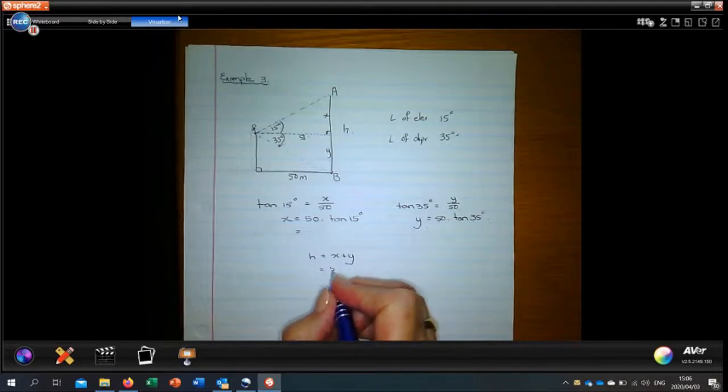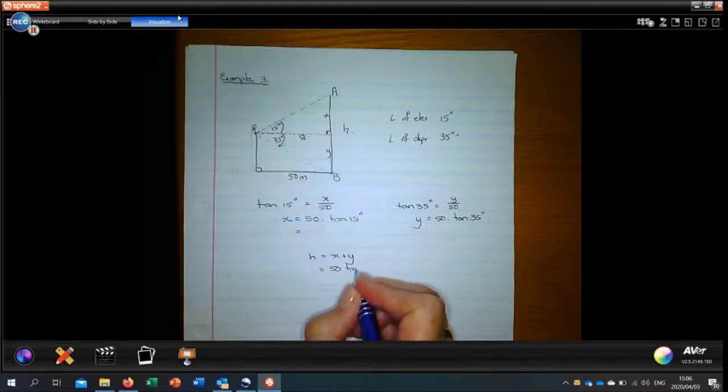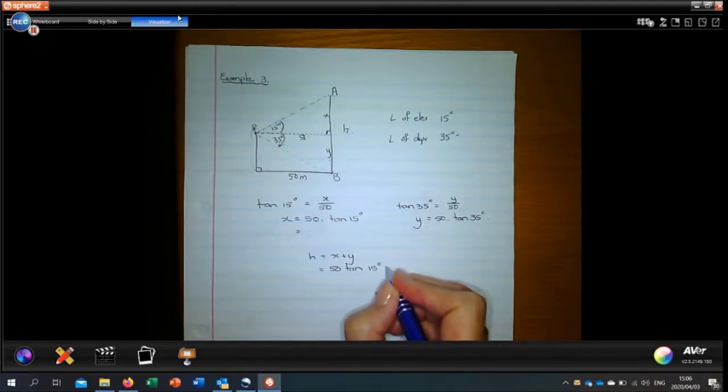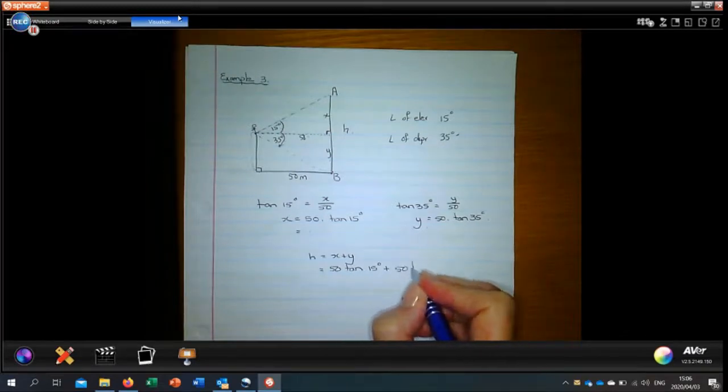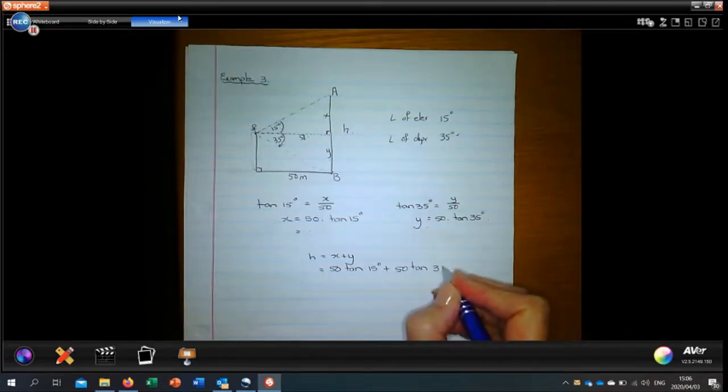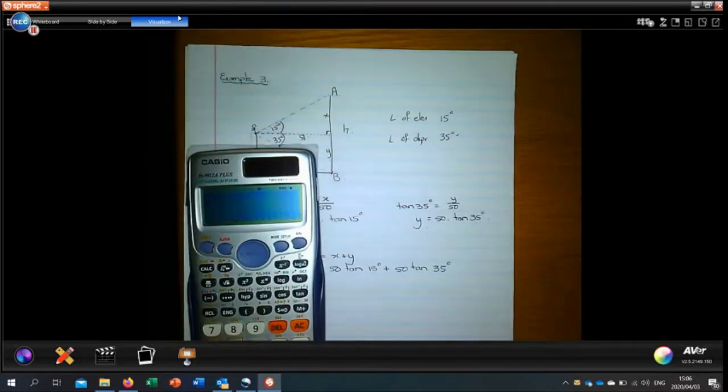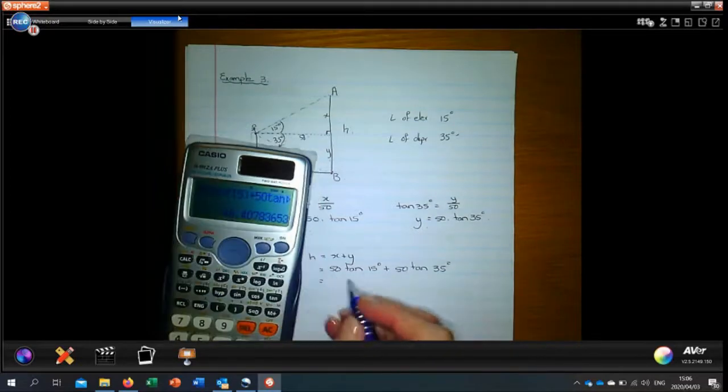I can say 50 tan 15 plus 50 tan 35, and then get the answer in one go. Open the bracket, 50 tan 15, close the bracket, plus 50 tan 35, and my answer is 48.41 meters.